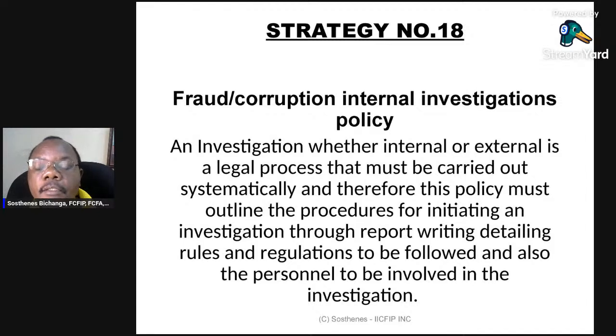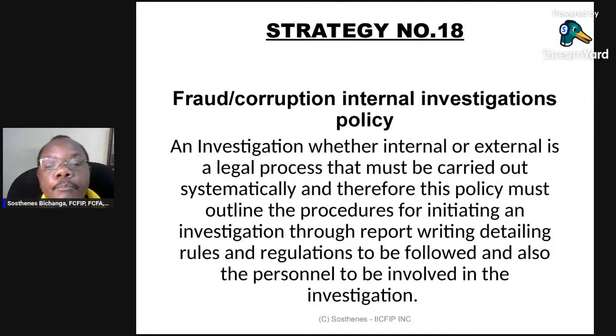It should state that any employee that willingly withholds information shall be subjected to disciplinary process, and if found guilty, shall be summarily dismissed. It therefore goes without much emphasis that under this policy, all staff must be required to cooperate in sharing information during investigation.